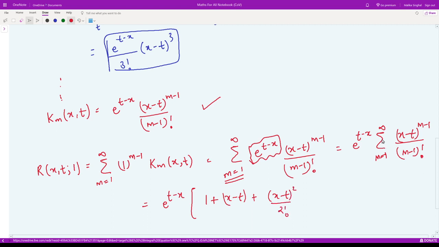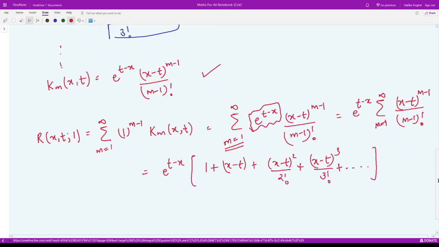If I open up the summation and substitute m is equal to 1 over here, m is equal to 2 over here, m is equal to 3 over here, and so on, x minus t raised to power 3 divided by 3 factorial plus so on.